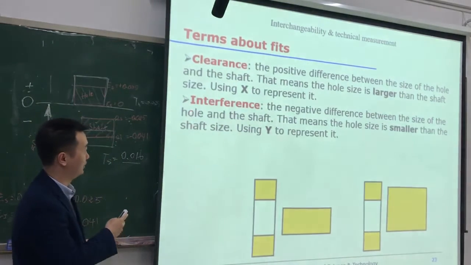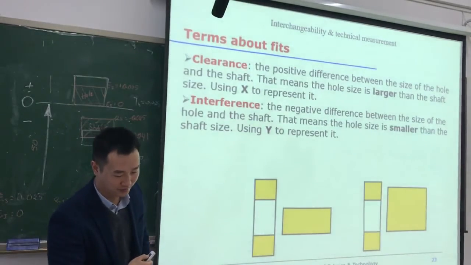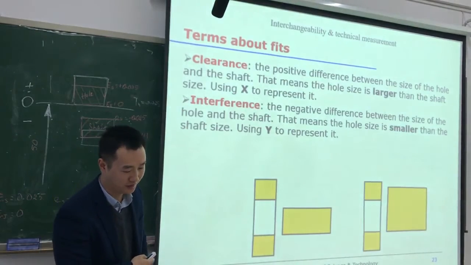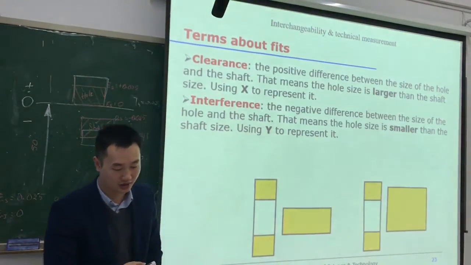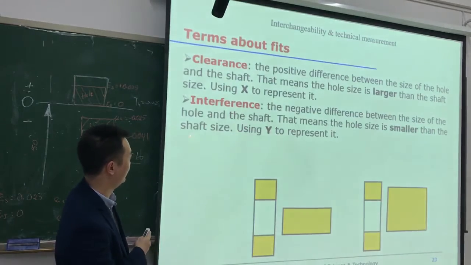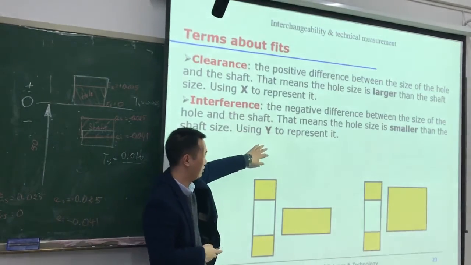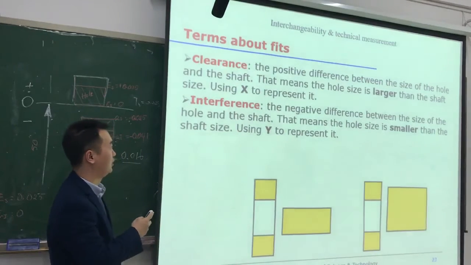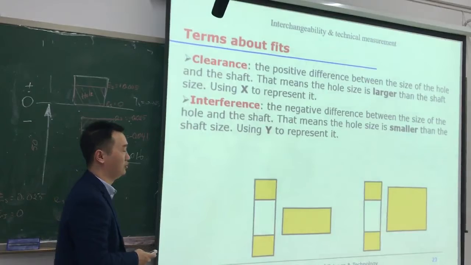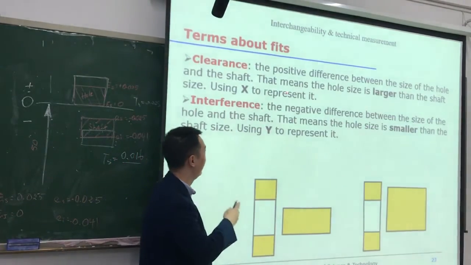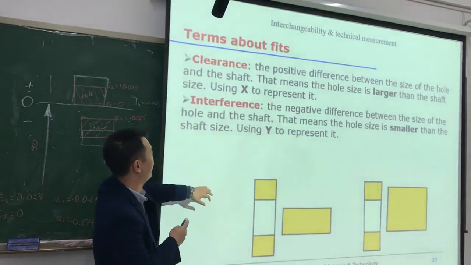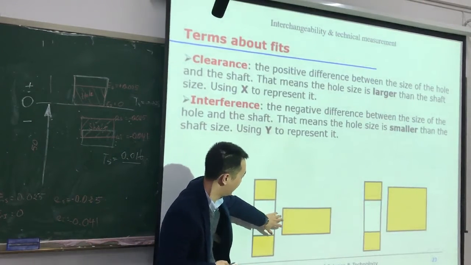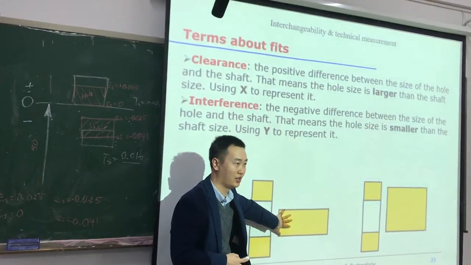Next, another type is interference. Interference is the negative difference between the size of the hole and the shaft. It means that the hole size is smaller than the shaft. We use capital Y to represent it. When we calculate clearance and interference, we use the same equation. X equals the size of the hole minus the size of the shaft gives a clearance.